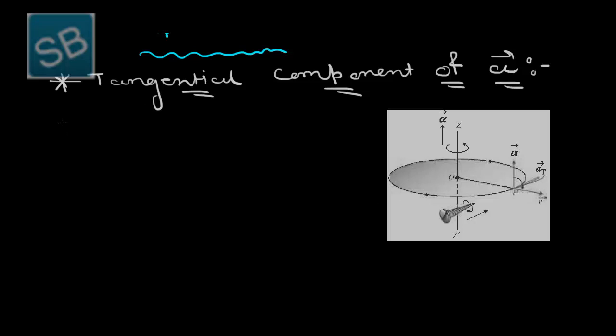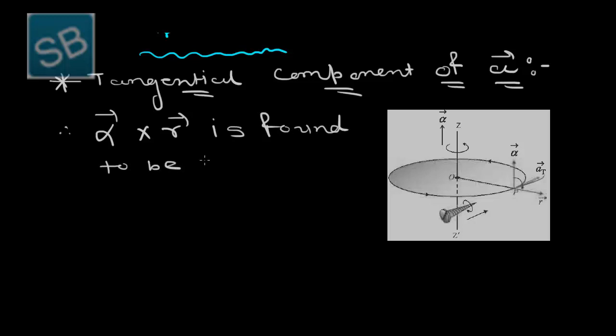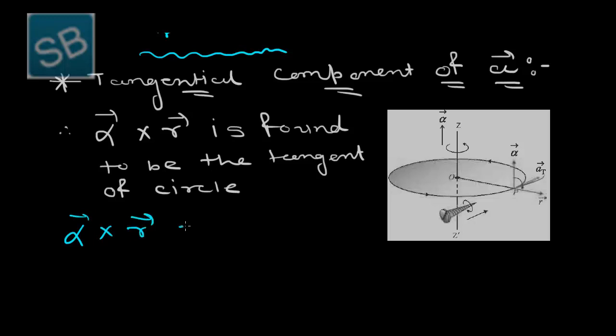So this alpha cross r is found to be tangent to the circle, and hence this alpha cross r is called the tangential component of A, and I am denoting it as AT, where T stands for tangent.